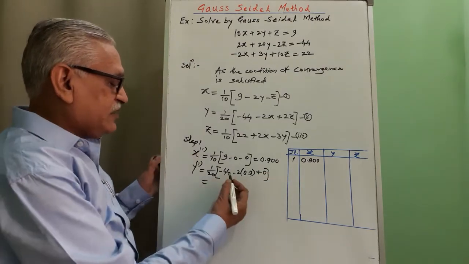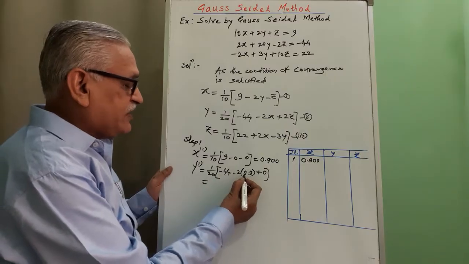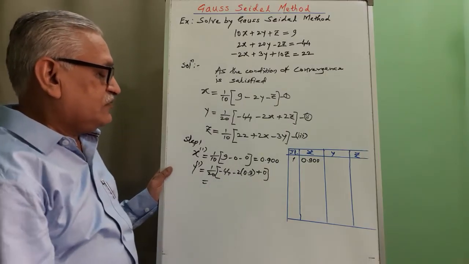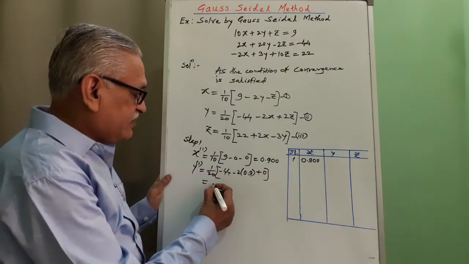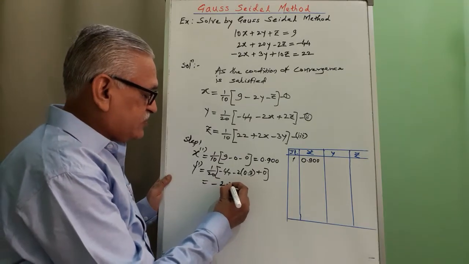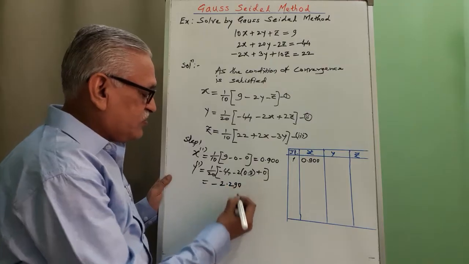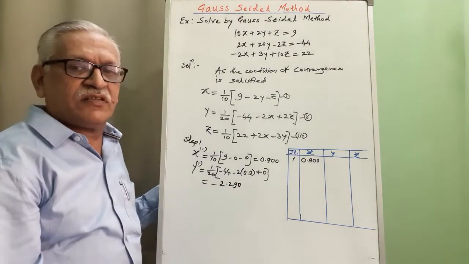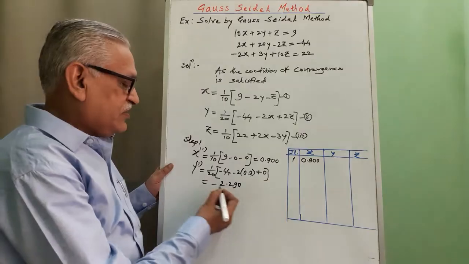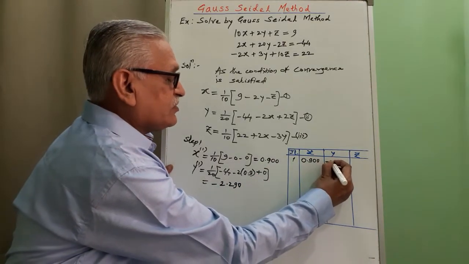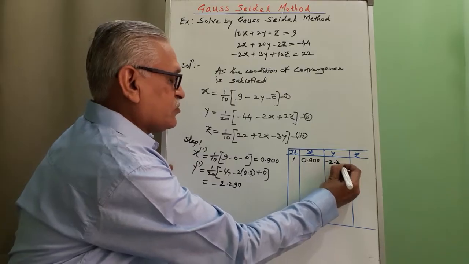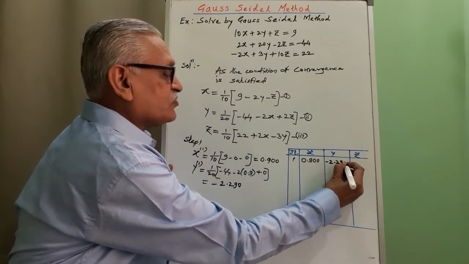Performing this by calculator, it is minus 44 minus 2 into 0.9, divided by 20. It is coming as minus 2.290, the first approximation for y, and we put that value in the table, minus 2.290.